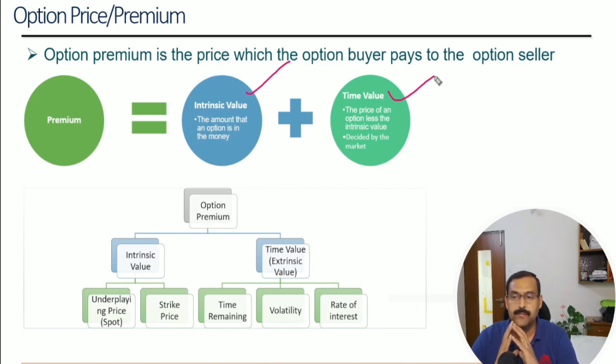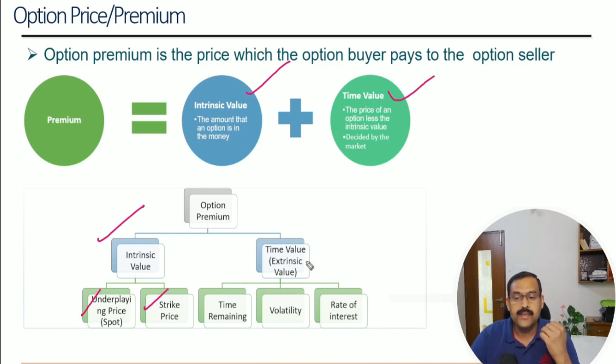So we have intrinsic value which is decided by the spot and the strike price, by how much they are in the money, the distance. So the underlying spot and the strike price decide the intrinsic value of the option premium. That is a straightforward calculation.